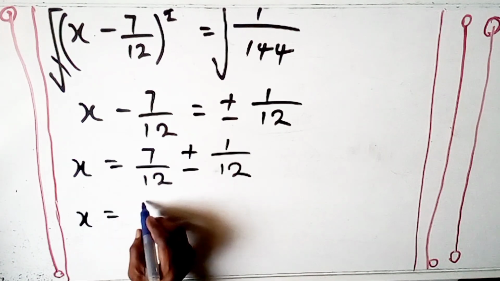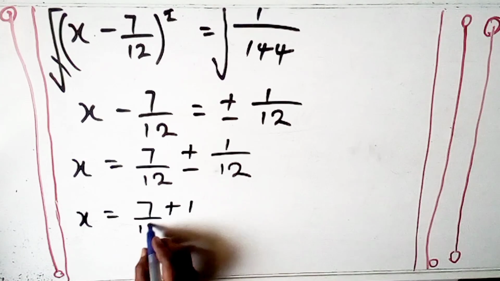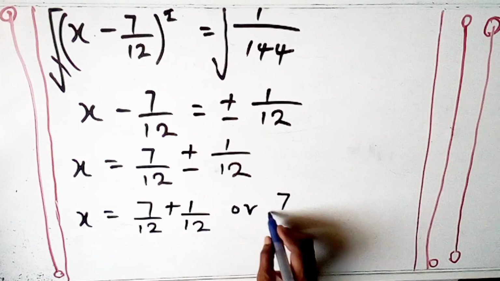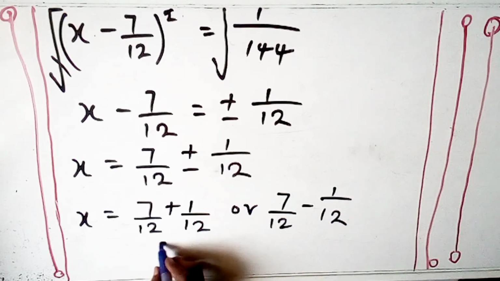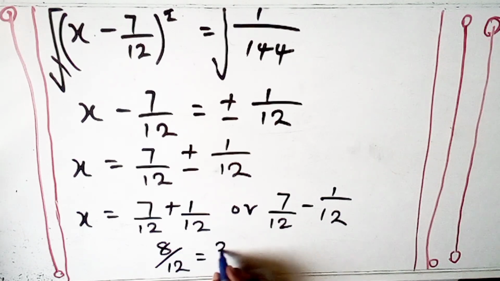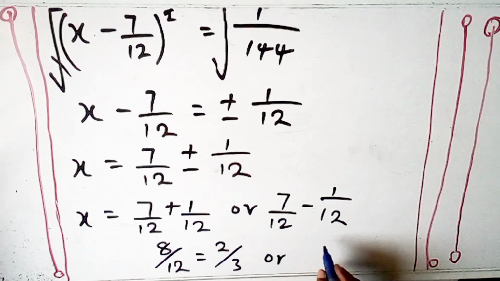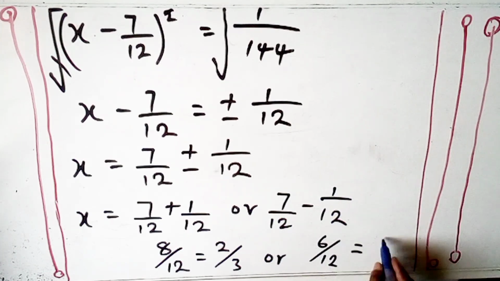So you can see you now have to separate it: 7 over 12 plus 1 over 12 or 7 over 12 minus 1 over 12. So when we solve that, we got 2 over 3. The same thing applicable here. We got 6 over 12, which is equals to 1 over 2.